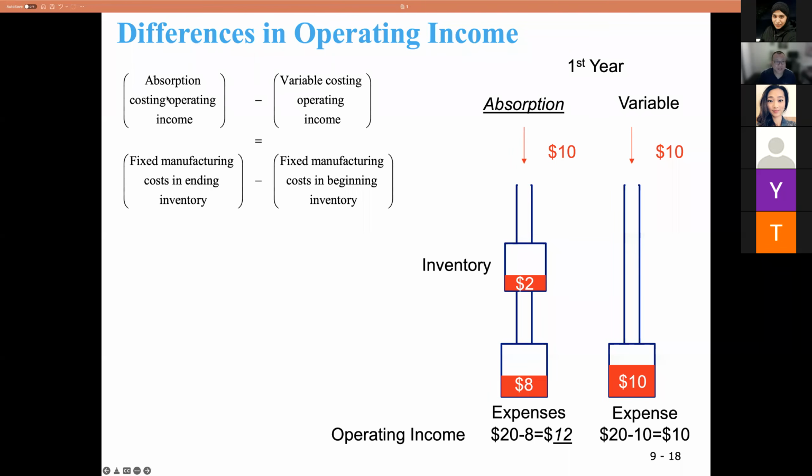The difference between the two incomes, absorption operating income minus variable costing operating income, should equal the fixed manufacturing cost in the ending inventory minus the fixed manufacturing cost in the beginning inventory.